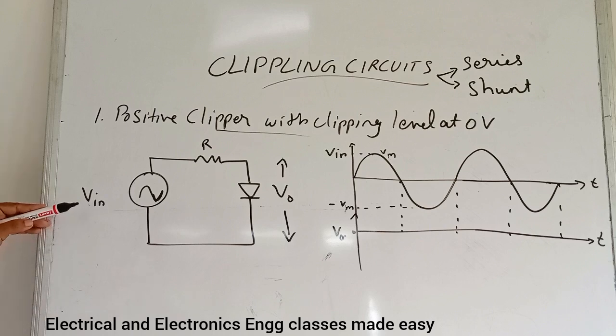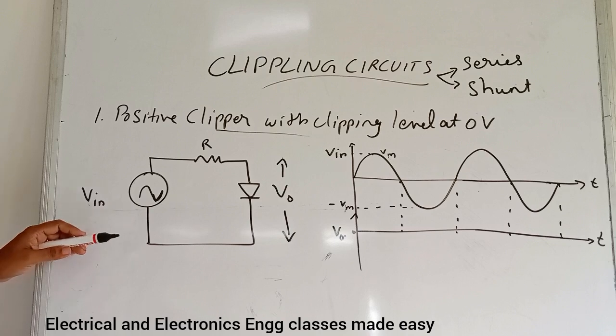So this is the circuit diagram for positive clipper with clipping level at 0 volt. So here this circuit passes only the negative going half waves of the input to the output.